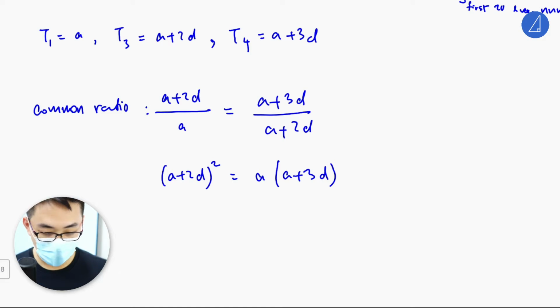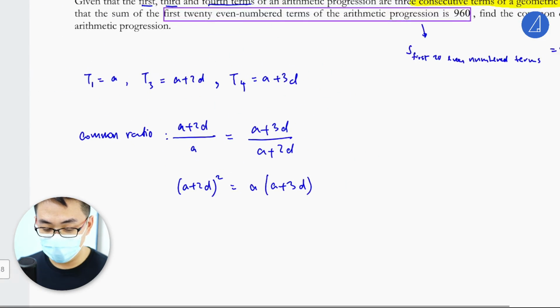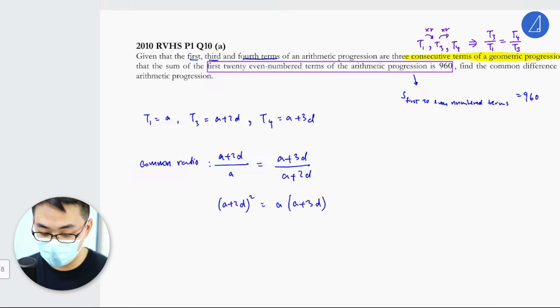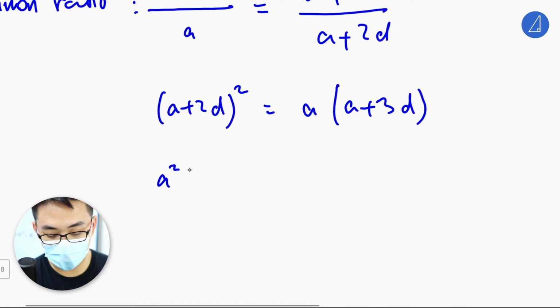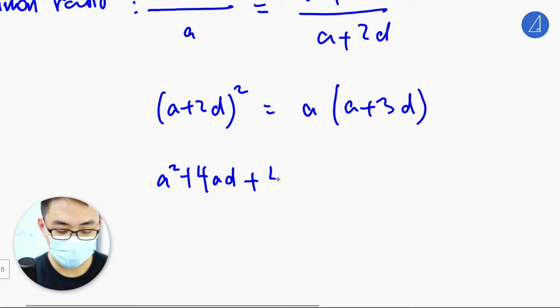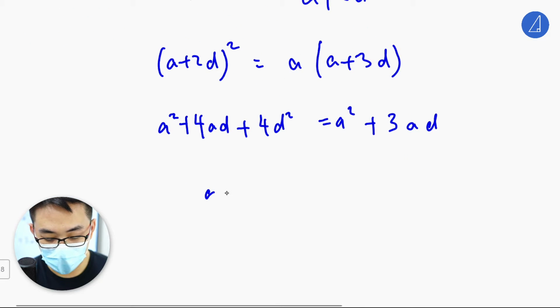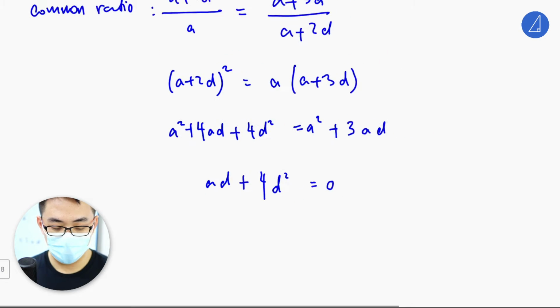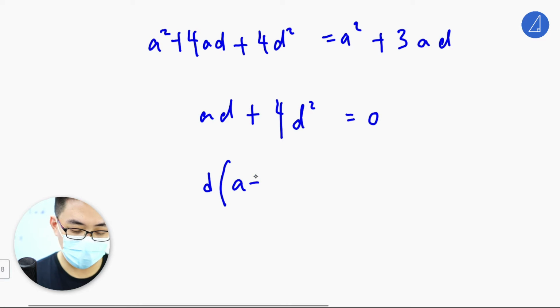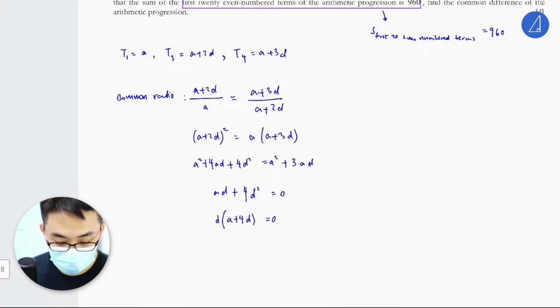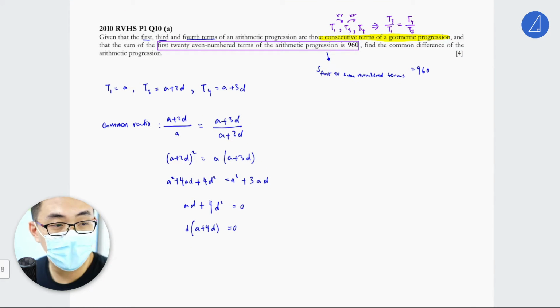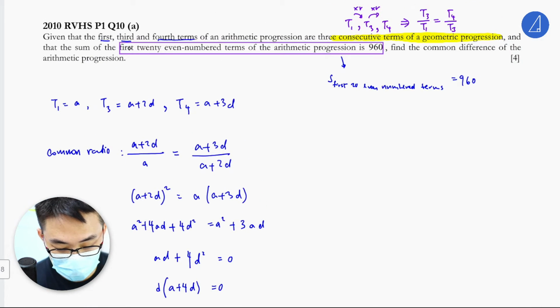Then what I'm supposed to do is just expand both sides. And I believe this part here should be fine, right? This is A squared plus 4AD plus 4D squared equals A squared plus 3AD. So you simplify this to be AD plus 4D squared equals 0. So D times A plus 4D equals 0. Now the first 20 even number term is what students usually have problem with.